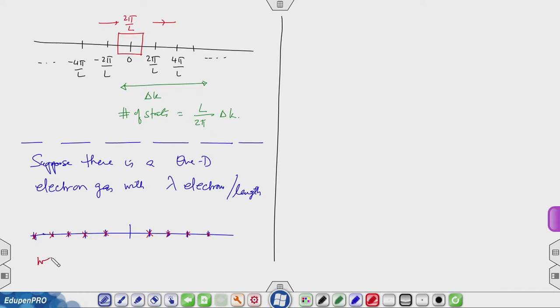So, we have states from minus k f, I will tell you what k f is, to plus k f filled.